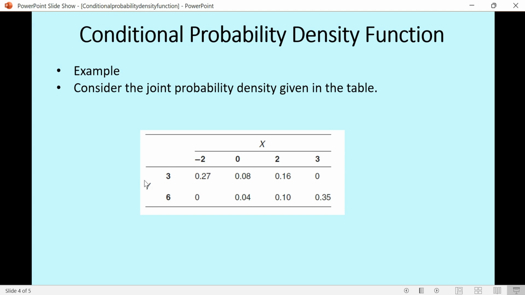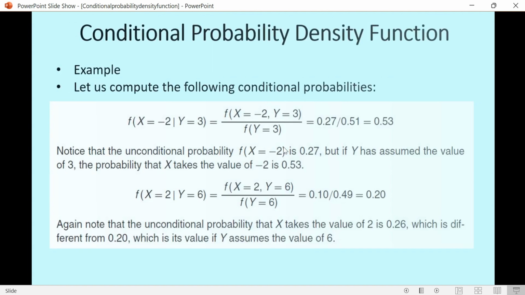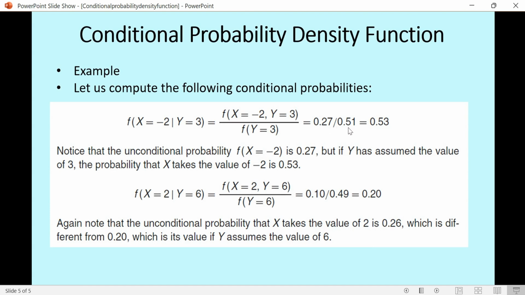Because the conditioning variable is y, we sum this row to get the marginal probability for y equals 3. So this is 0.27 divided by 0.51. The result is 0.53.